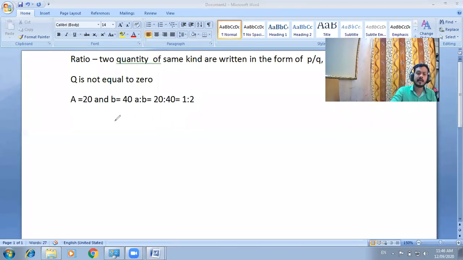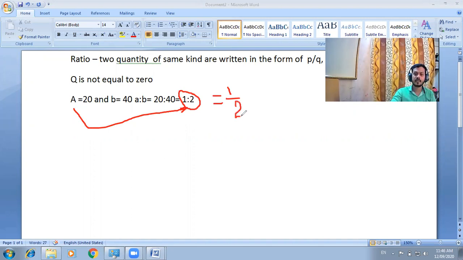It means the value of A is half of the value of B. 1 by 2 means what? The score of A is half of the score of B. That is the standard meaning of ratio.